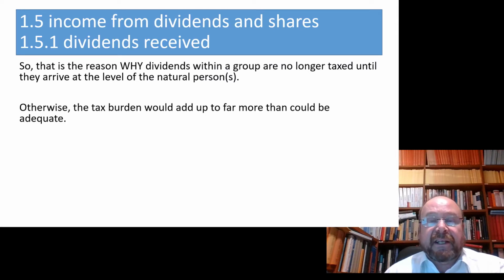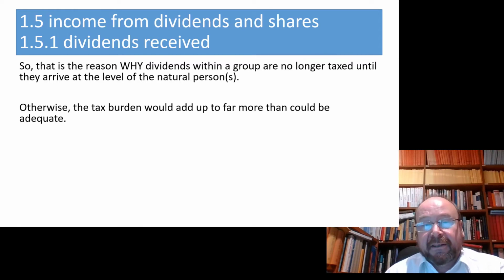The idea is otherwise the tax burden would become far too high, and by the way, otherwise no groups would constitute themselves anymore. It would be easy to avoid such a double or threefold taxation just by organizing all the companies in between as limited partnerships or the like.